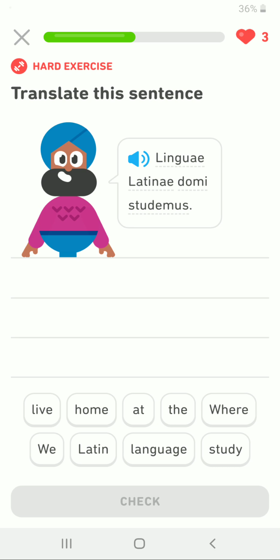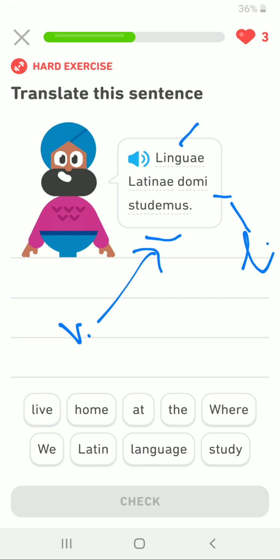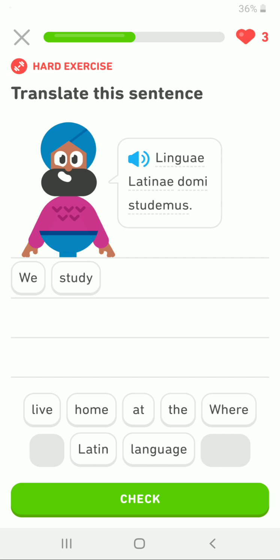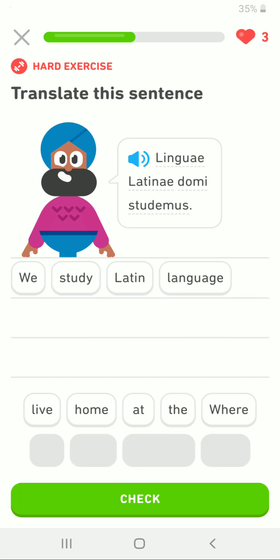So we study at home. What do we study? So we know the verb, we know the location and so on. This is just extra. We know the object. Let's try to translate this in good English. So we study Latin language at home. Notice that it's linguae latinae.